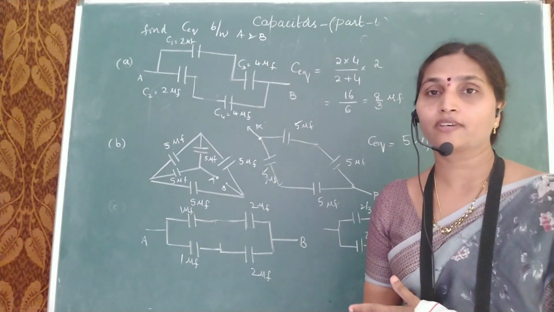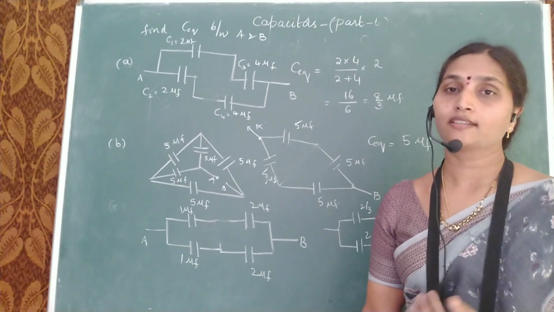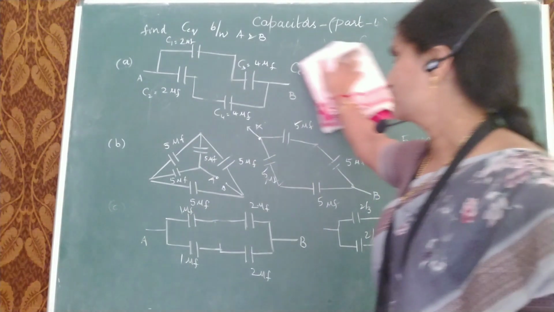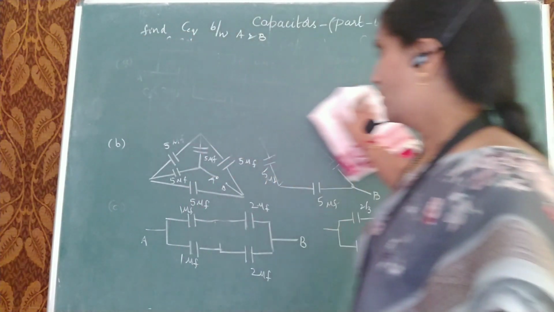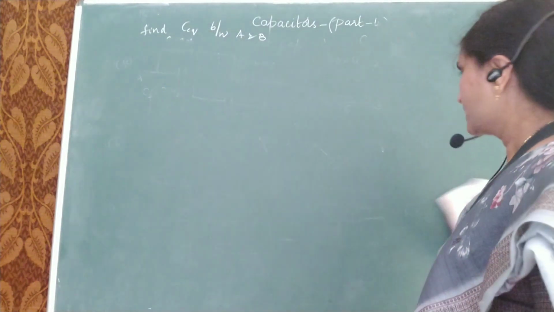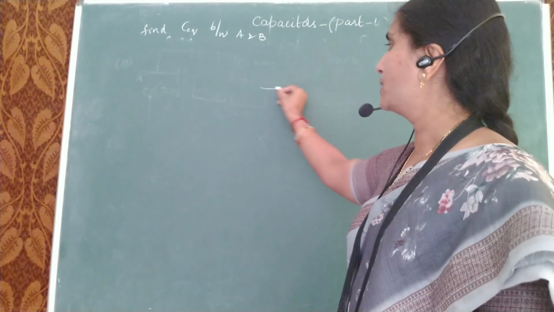You are removing the C5 capacitor, upper 2 and lower 2 are in parallel combination, and we were simplifying the circuit. But suppose, okay, look at this question, then how do we solve it? If it is an unbalanced Wheatstone bridge.